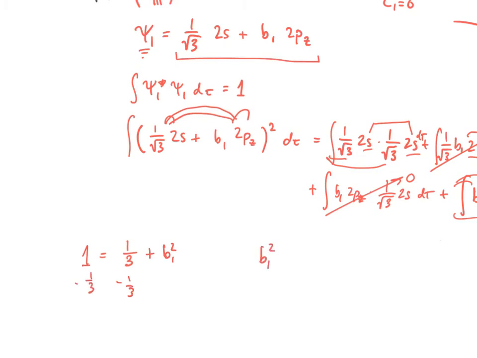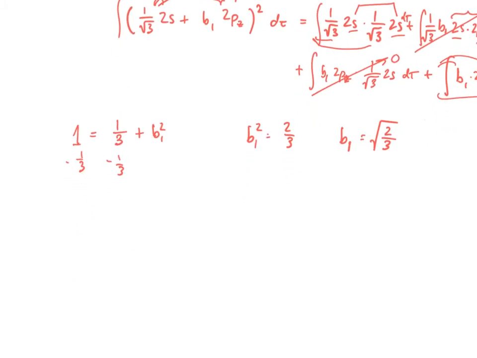I get b1 squared equals 2/3, or by extension, b1 is equal to the square root of 2/3. So this means that in the end, we get psi 1 is equal to 1 over square root of 3 2s, plus the square root of 2 over 3 2pz, and that's our first hybrid orbital.